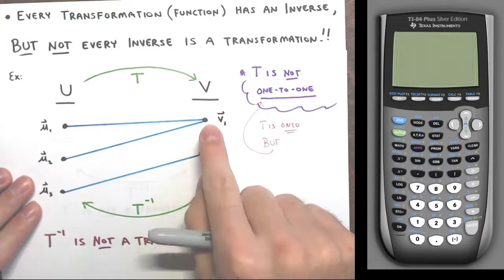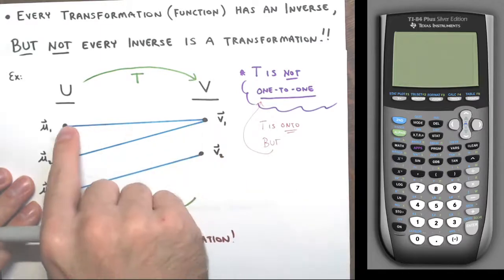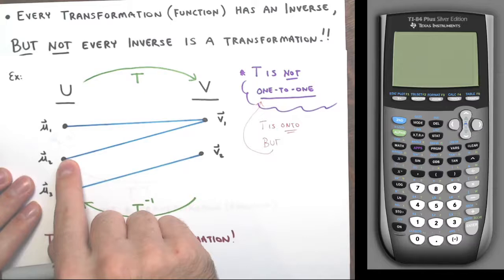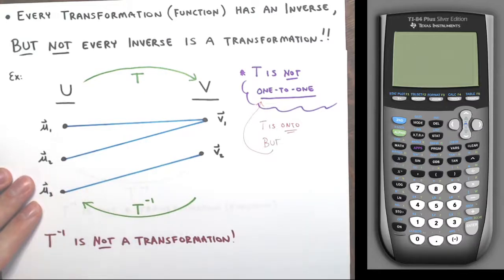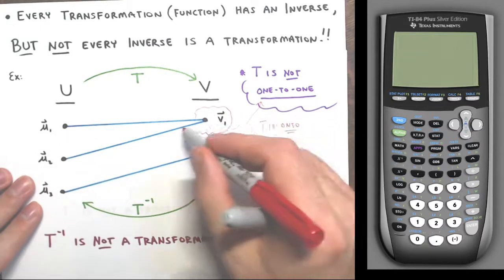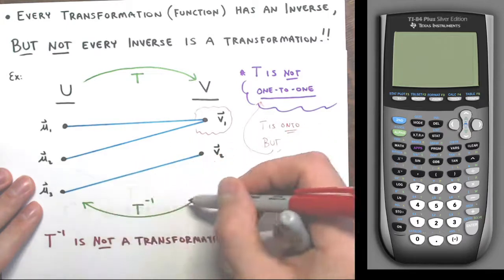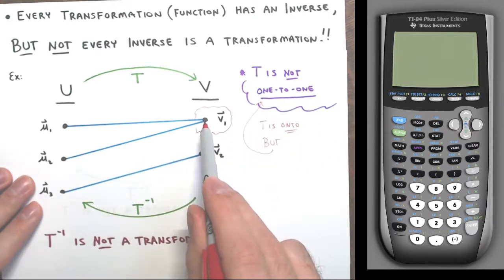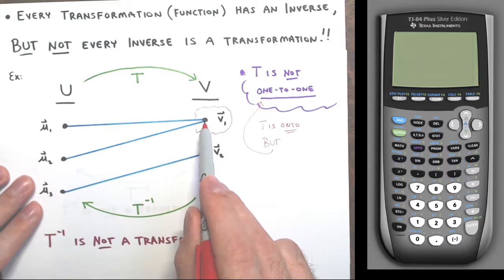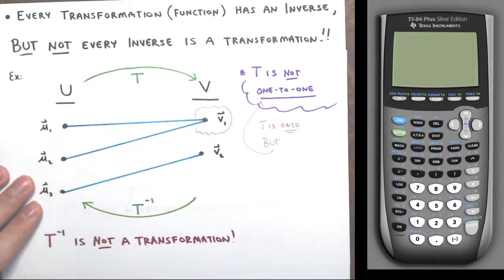Well, look, right away we're seeing this V1 maps to U1 and U2. So just like the first picture I showed you, this is not a proper function because of this element. Going this direction from V to U, going the mapping T inverse, this is not a proper transformation because this element V1 maps to two elements in U, not exactly one element.